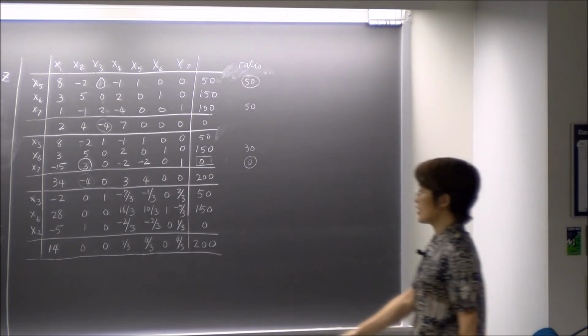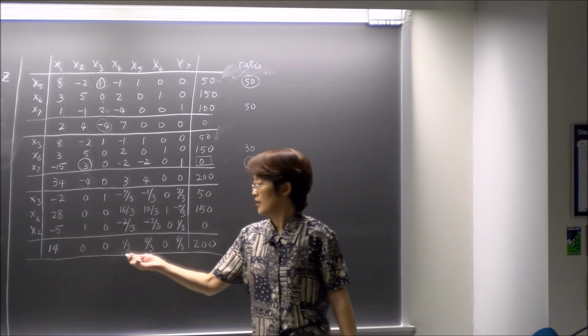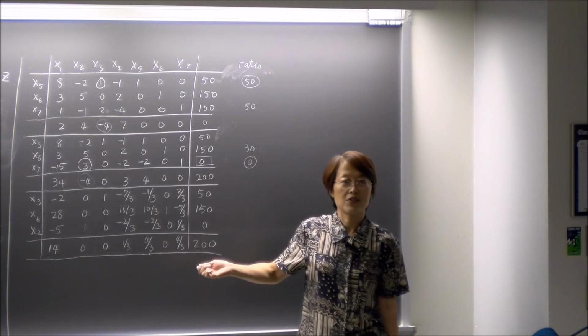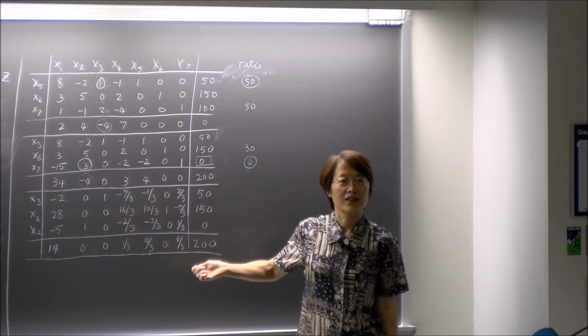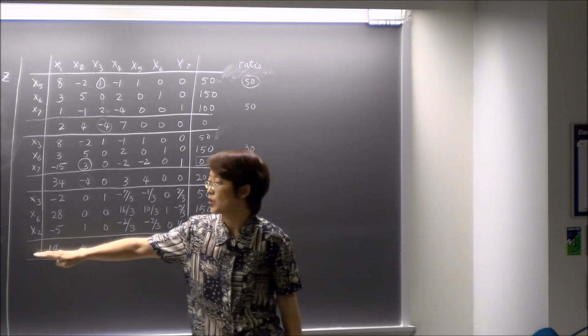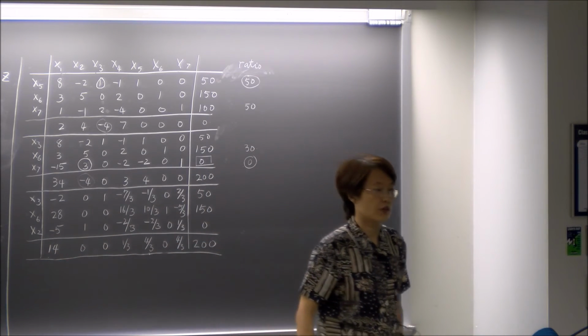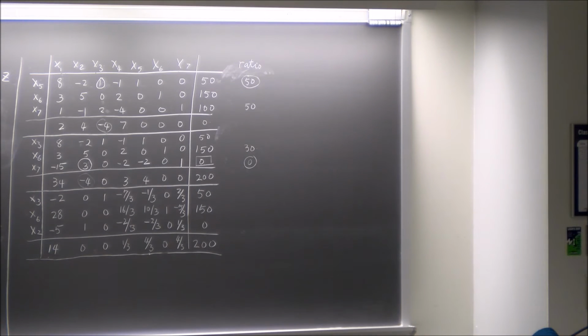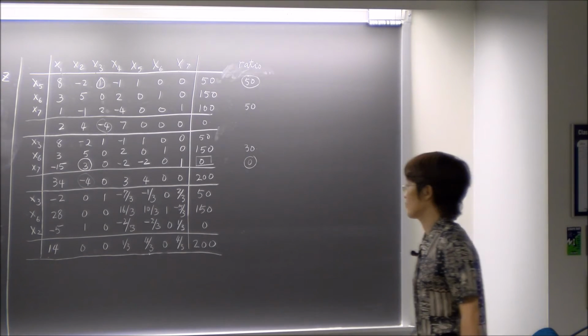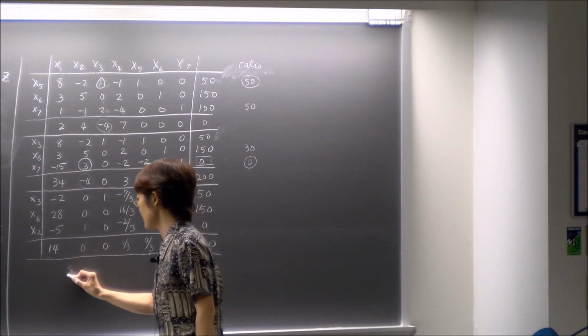Are we happy to see these numbers here? No negative signs, right? In the row for the objective function, all the coefficients are bigger than or equal to 0. So do I need to continue? Nope, I can stop. Is that right?